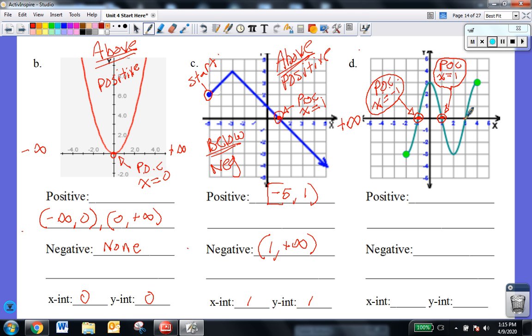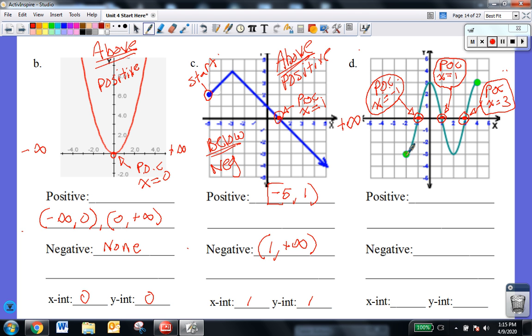And then there's a third point of change, so we're going to have quite a few little intervals to write. This is a POC of x is equal to 3.